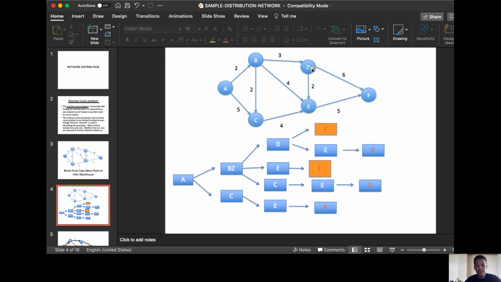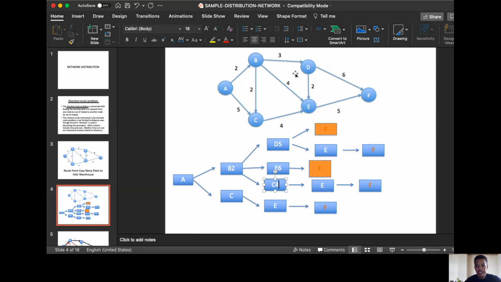From B, you can go to D. That's 2 plus 3, this will be D5. From B, you could also go to E. That's 4, so this will be 6. And from B, it could also go to C. So that's C4.